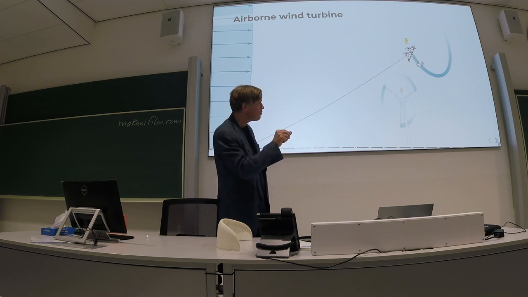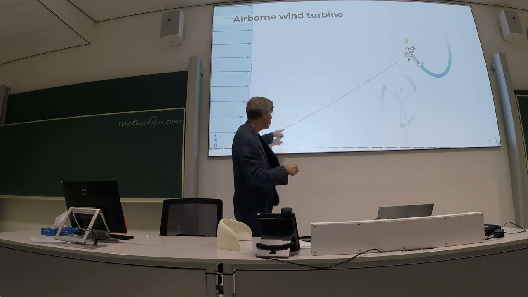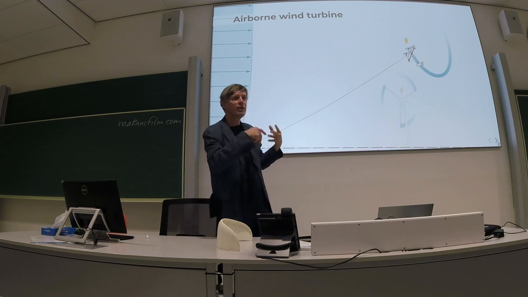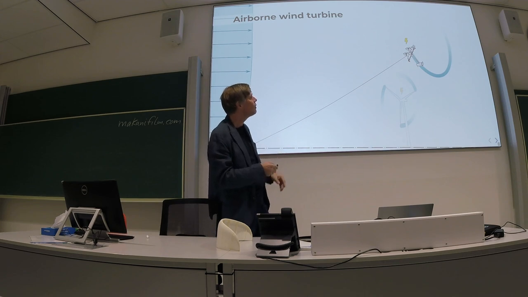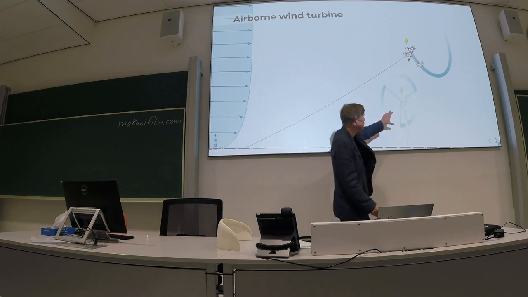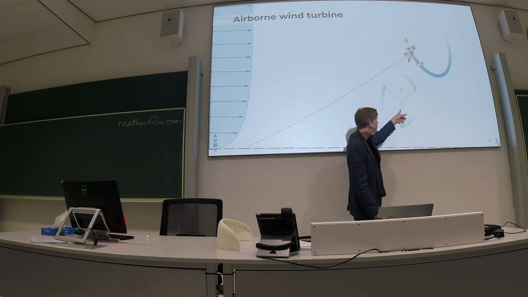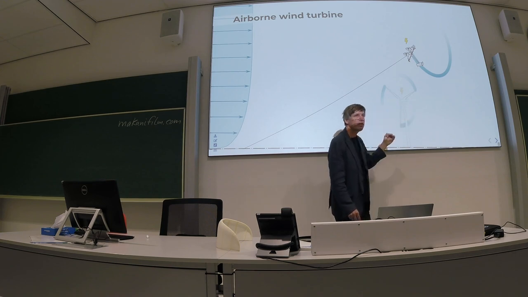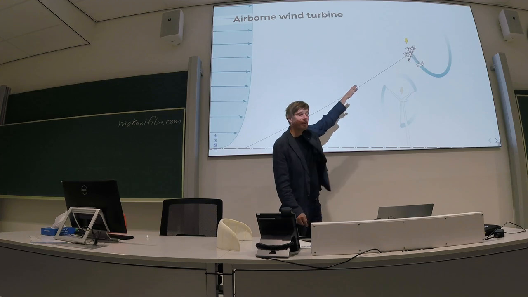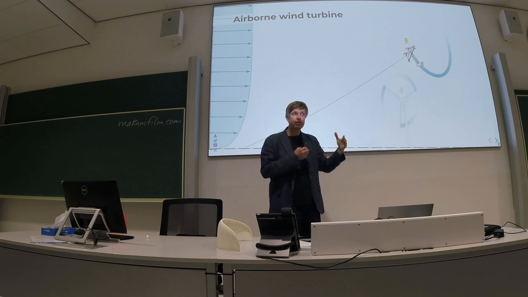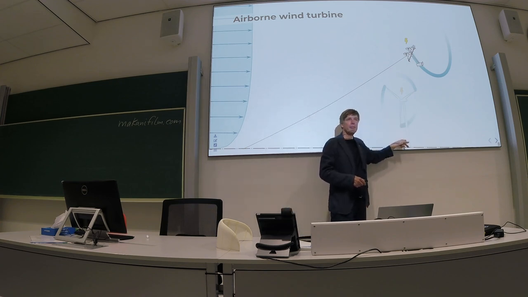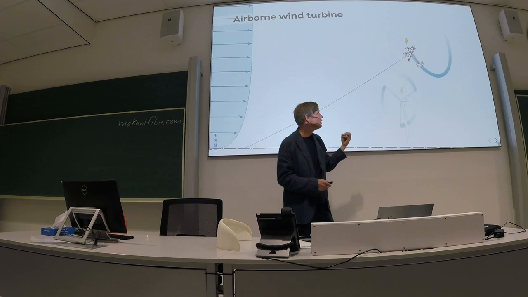So this wing will fly because it's anchored to the ground. Actually, the incoming wind will be a relative airflow, and the wing will move around. That's exactly the same principle, 100% the same principle as the rotor blades move around the hub. The only difference is that here we use a tether to hold the kite, and here we use a tower cell to hold the rotor.